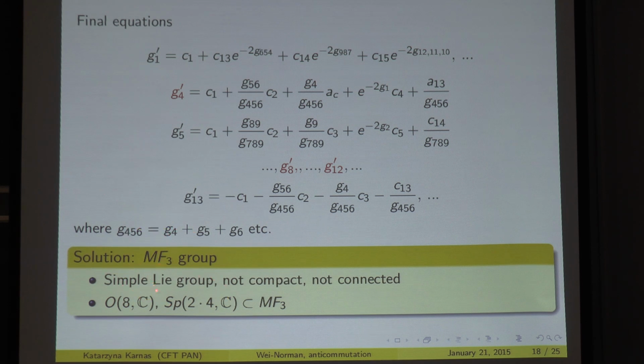And some properties of the solution: it also forms a simple group that is not compact, not connected, and for some initial conditions, the solution belongs to, for example, the orthogonal group or the spin group.